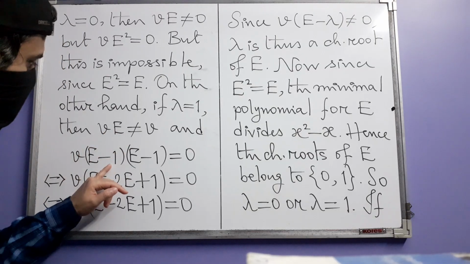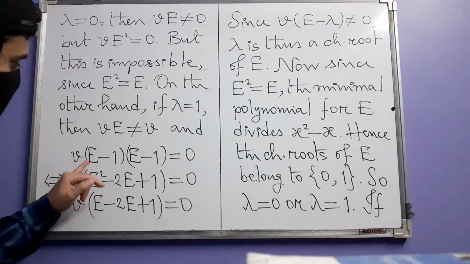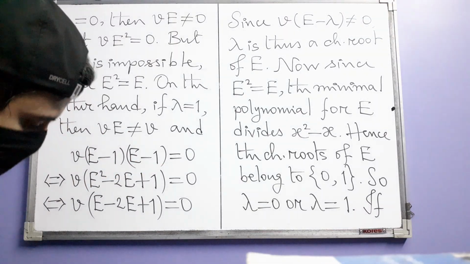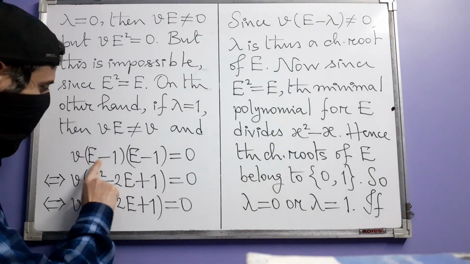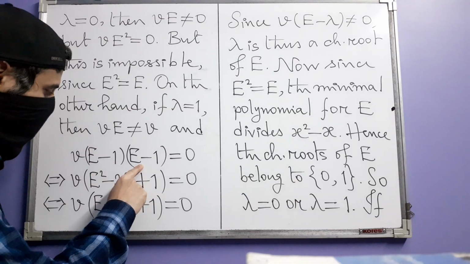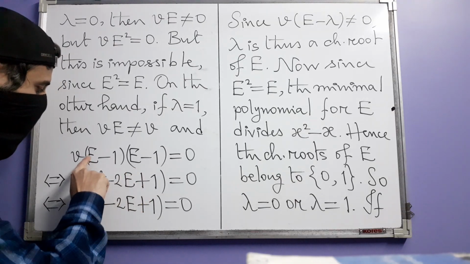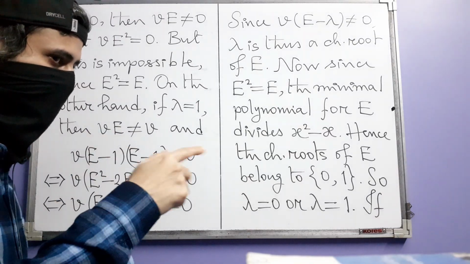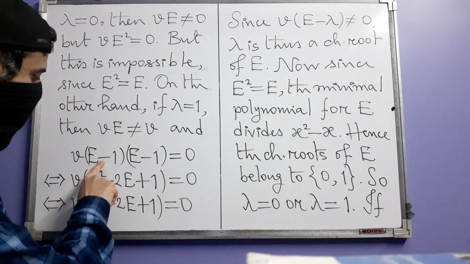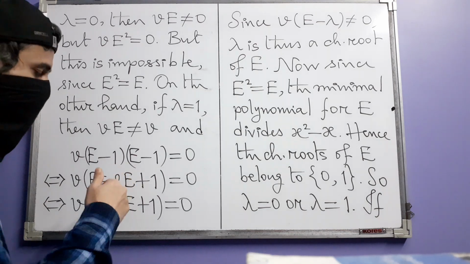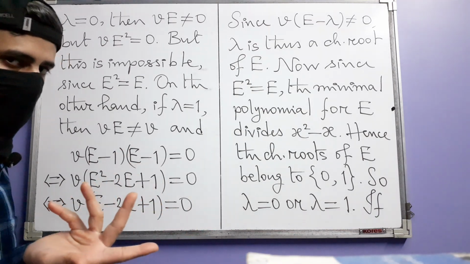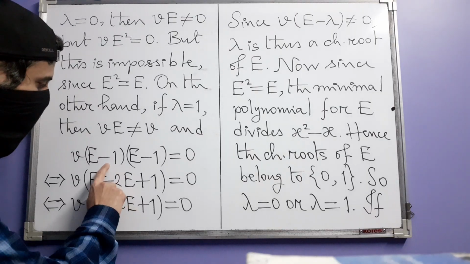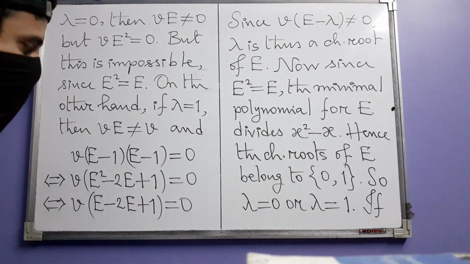E of course commutes with 1, and that is why if you just simply do the multiplication, you multiply e with e, that way you get e square. Now multiplying e with minus 1, you get minus e1, but multiplying minus 1 with e, you get minus 1e. These two are just simply minus e. That's why you get minus 2e, and minus 1 times minus 1 is plus 1.